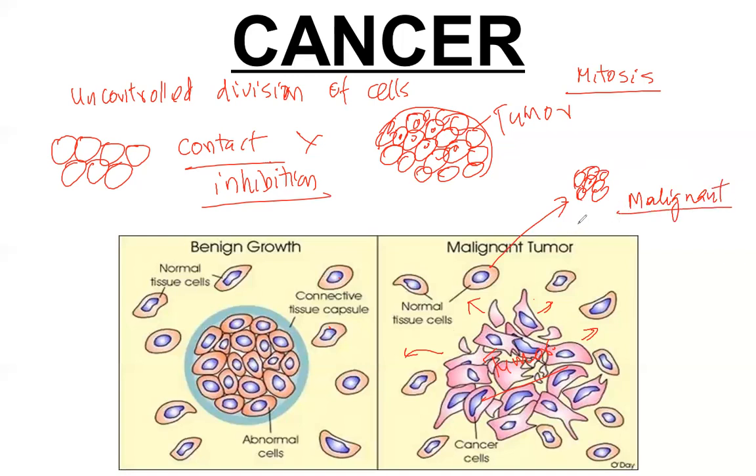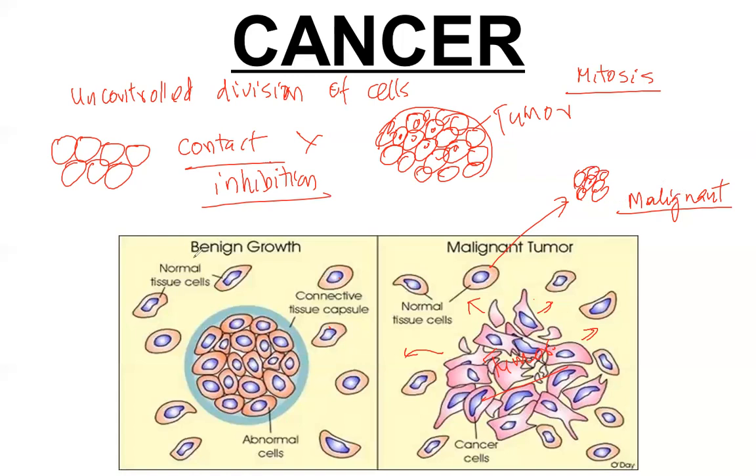In a malignant tumor, cells break away, go to other parts of the body, stick there, and form new tumors.